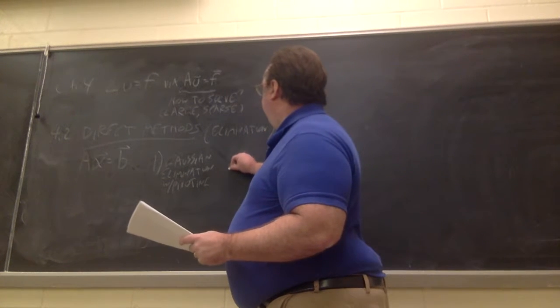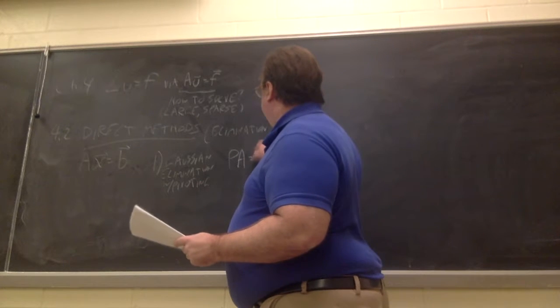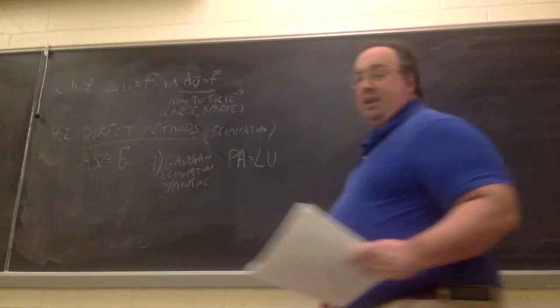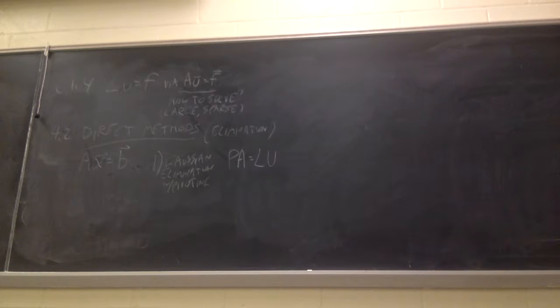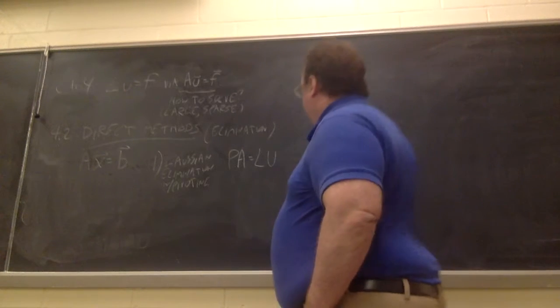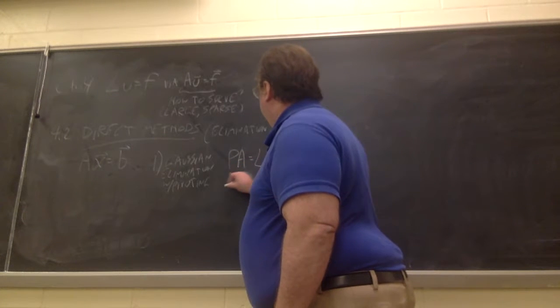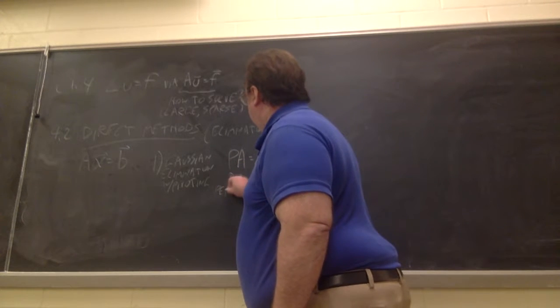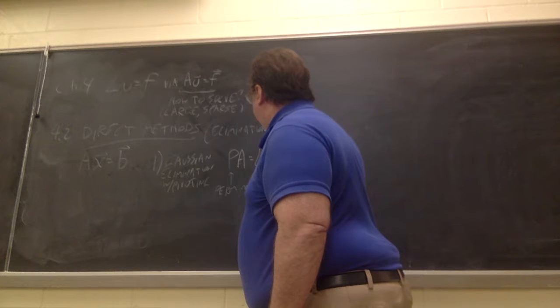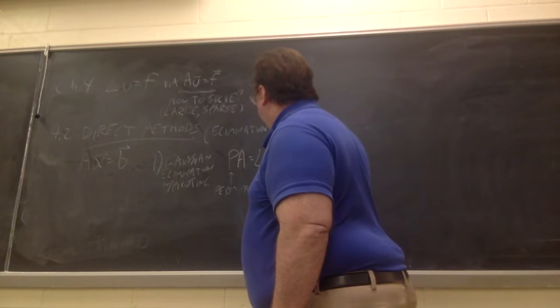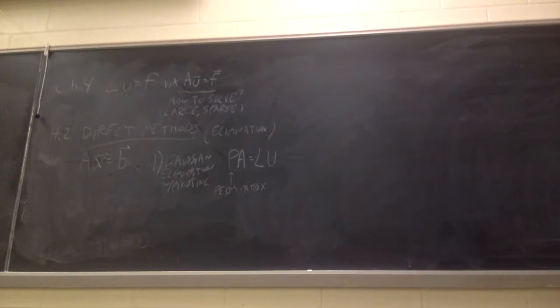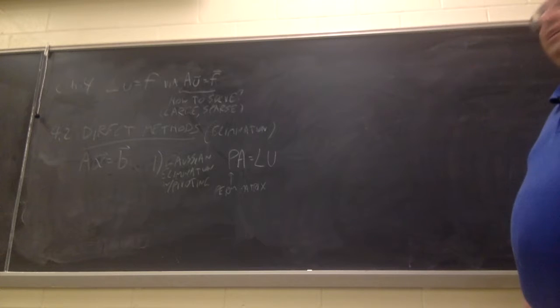And that gives you a factorization, PA equals LU, where P is a permutation matrix, when multiplied on the left, it rearranges the rows of A, because sometimes in Gauss elimination, row interchanges are necessary.